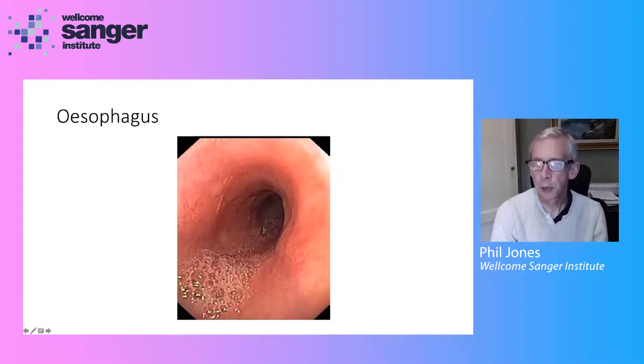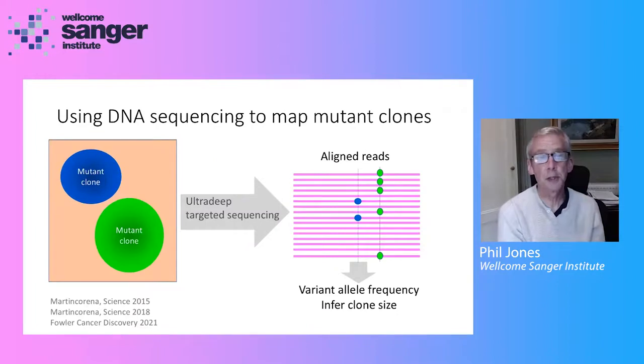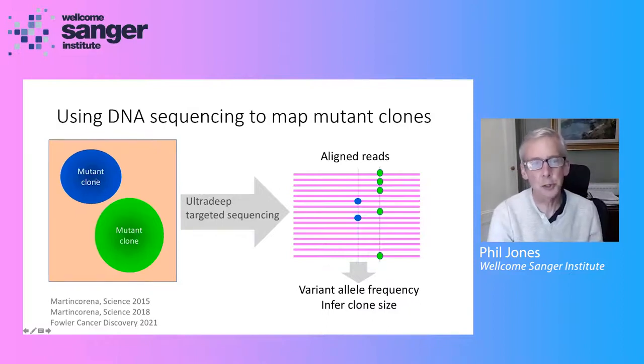A few years ago, we wanted to understand whether there were mutations in this pink lining epithelium. And the way that you can do this is to use DNA sequencing. So what you can do is to take a small piece of the epithelial lining, that's shown here as this pink square, and let's imagine it contains two clones, a blue clone and a green clone, both mutated in the same gene.